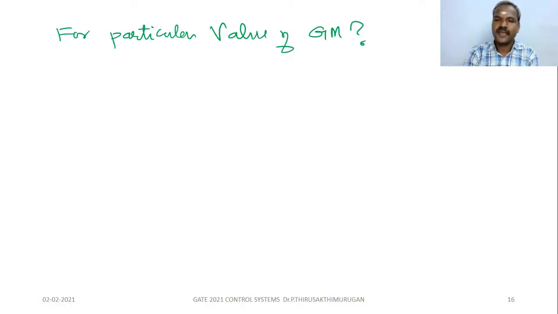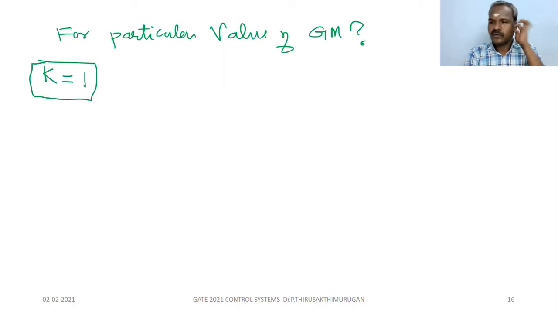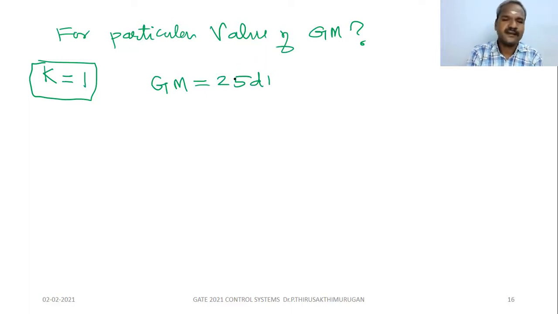In that case, we have to start by assuming k equal to 1. Understand? So suppose from the plot, by assuming k equal to 1, for example, the gain margin for k equal to 1 is 25 dB, or sorry, okay, let us take some value.